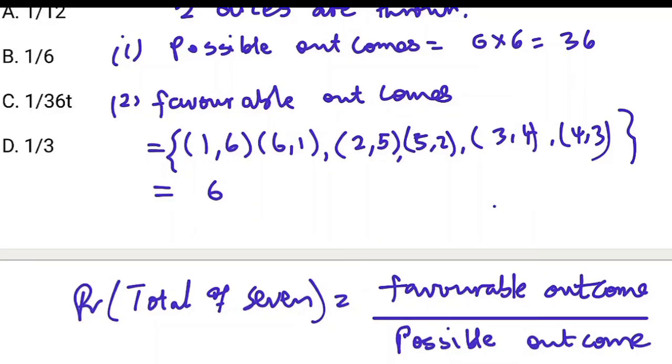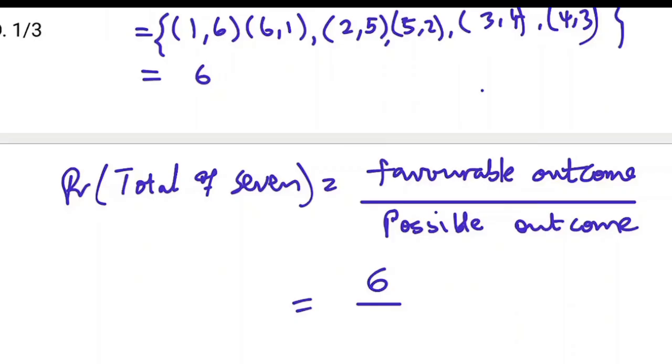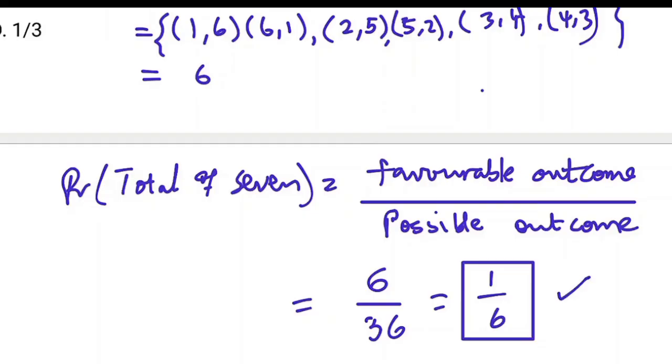We're going to be having 6 divided by the possible outcome, which is 36. So 6 divided by 36, we're going to have 1 over 6 if you reduce it. All right, so we have 1 over 6 to be the solution to the problem.